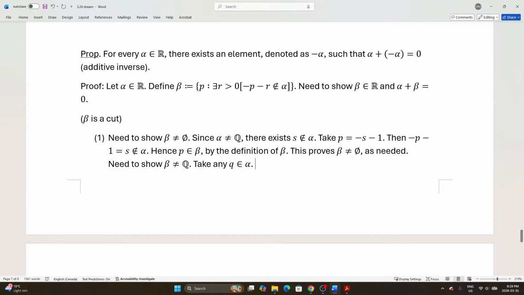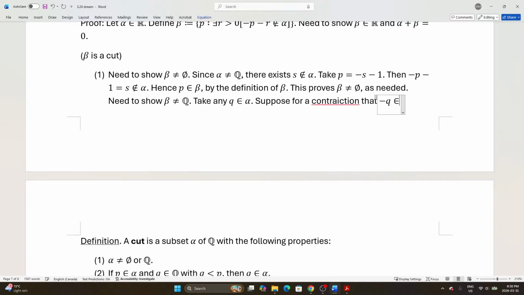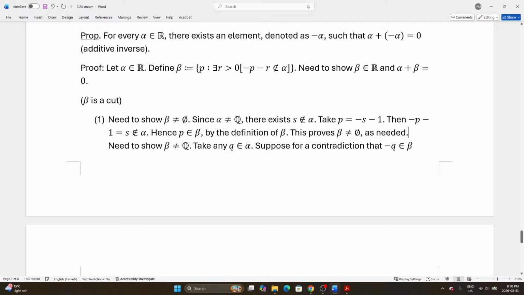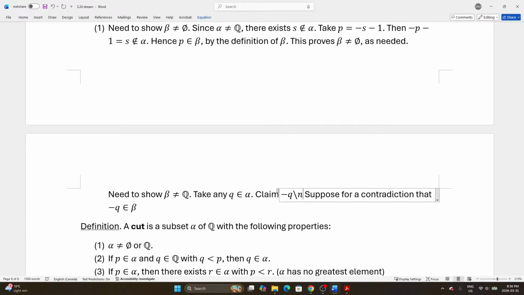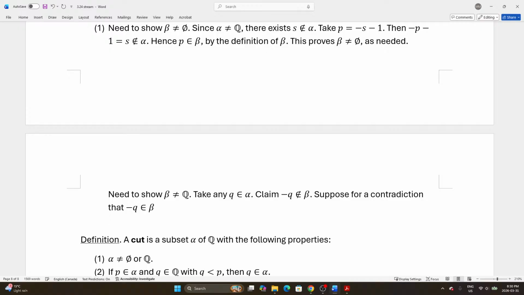Let's try a contradiction instead. Suppose for a contradiction that minus Q is in beta.